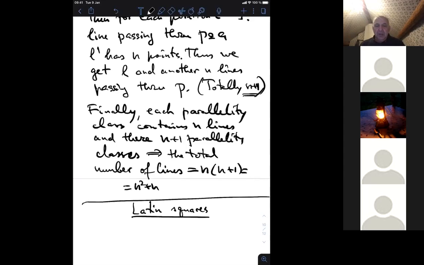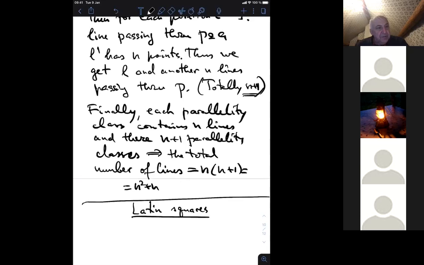Latin squares, again, is a classical thing. It was studied from the Middle Ages. A big contribution to this has been made by Leonhard Euler in the 18th century, but still there are a whole bunch of open questions in this area as far as I know.